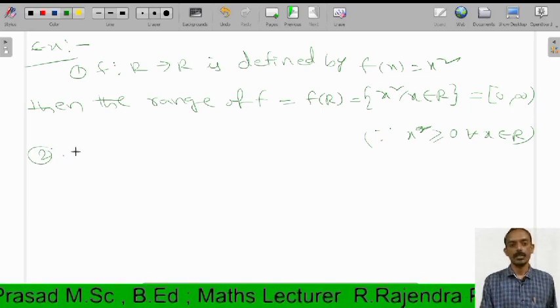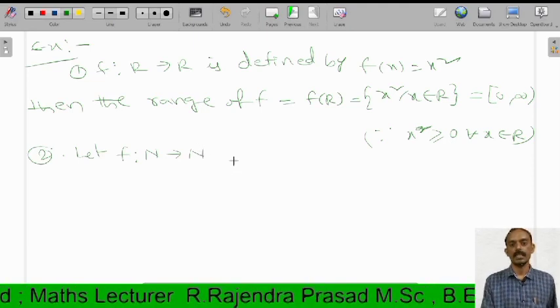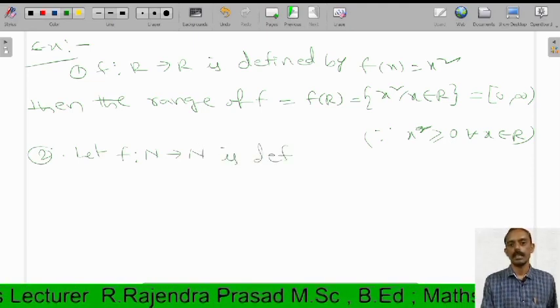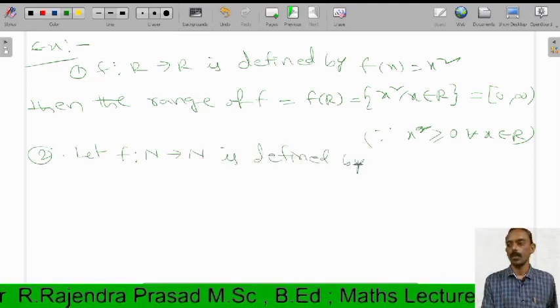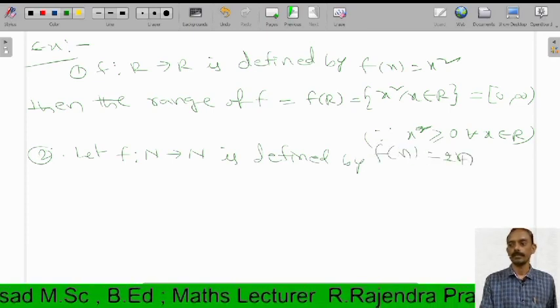Let f: N tends to N be defined by f of n equal to 2n.